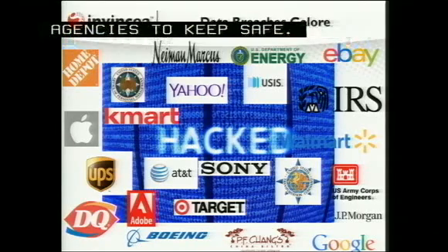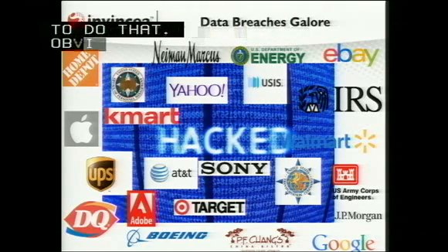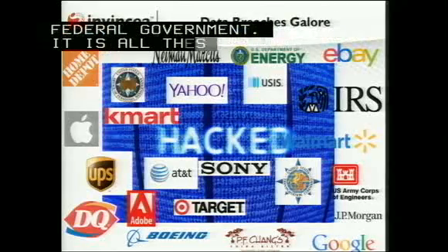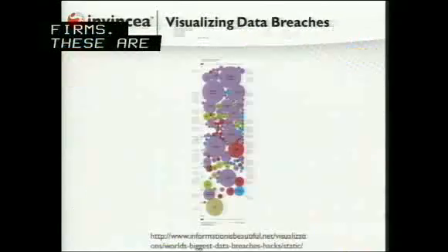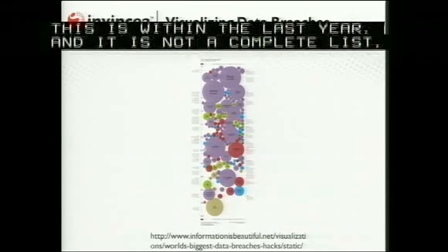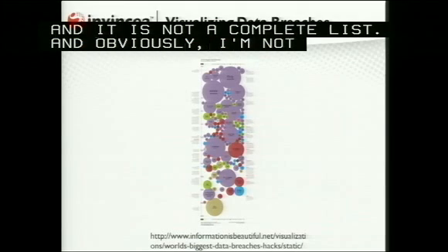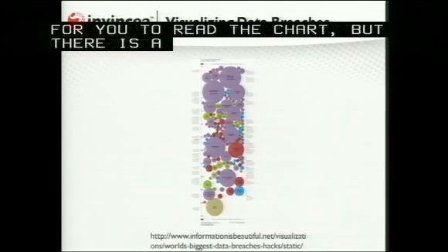And obviously, it's not just the federal government; it's all these commercial firms. These are all brand names. This is all within the last year, and it's not a complete list. I'm not intending for you to read this chart, but there's a great data visualization of data breaches organized.